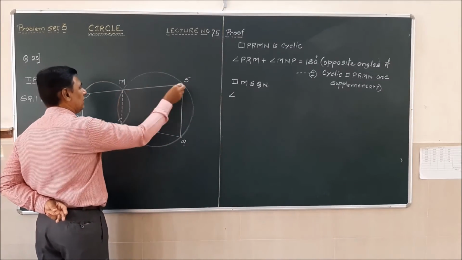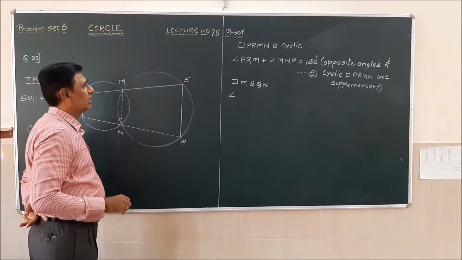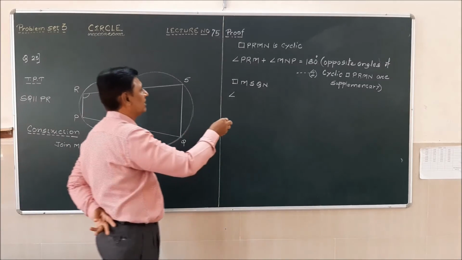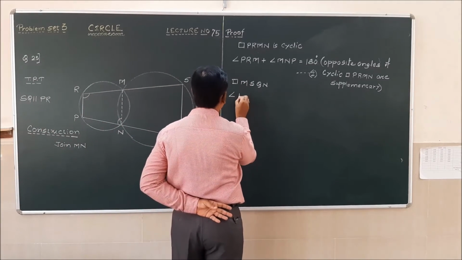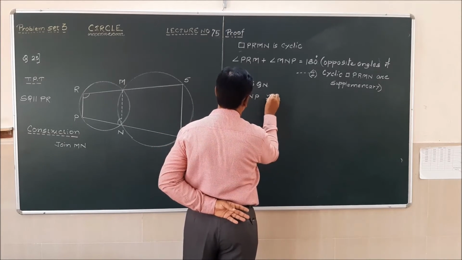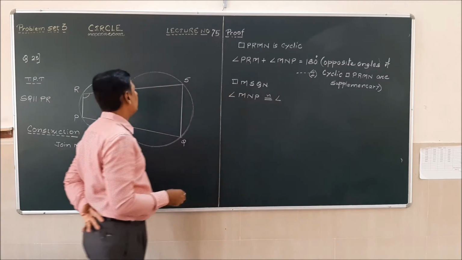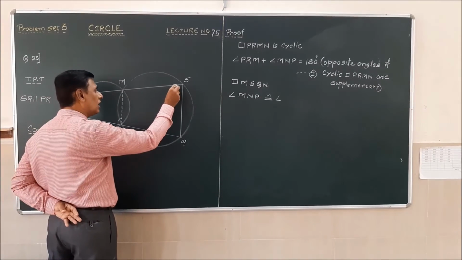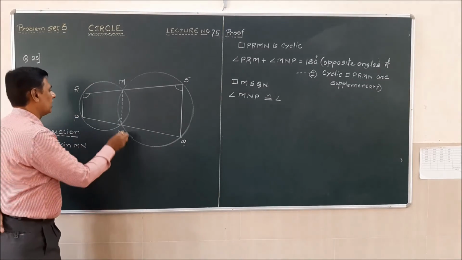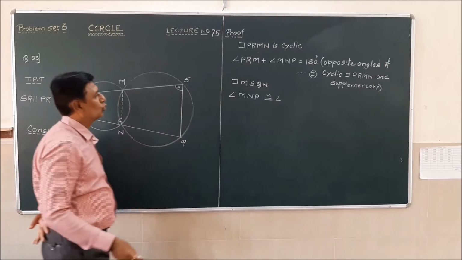Angle MNP is the exterior angle, and it is congruent with the remote interior angle, which is angle MSQ.